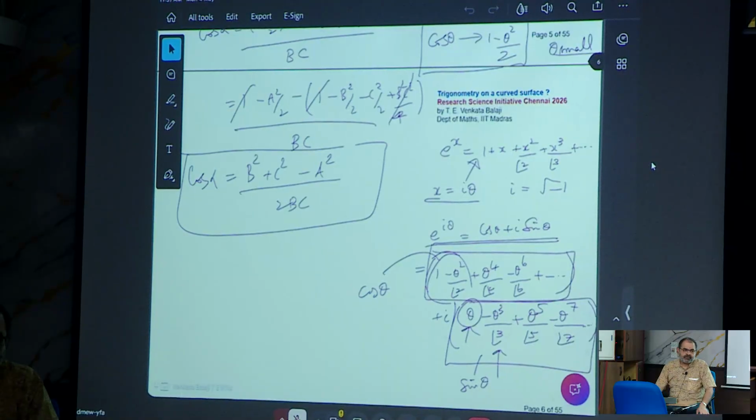Okay, so I'm just continuing with my earlier talk, which was about trying to do trigonometry on a curved surface.